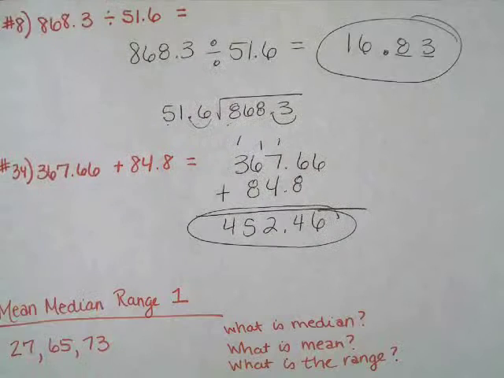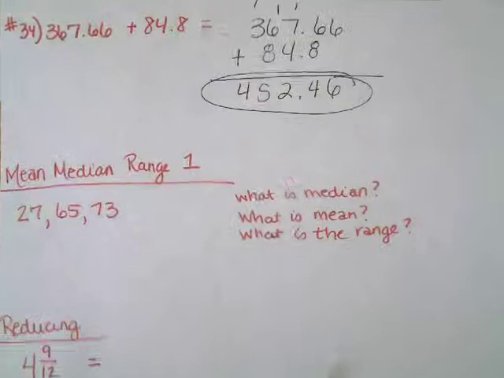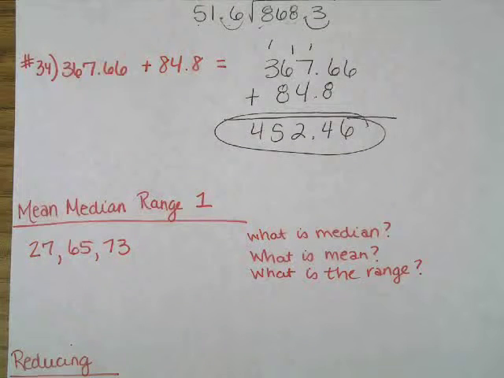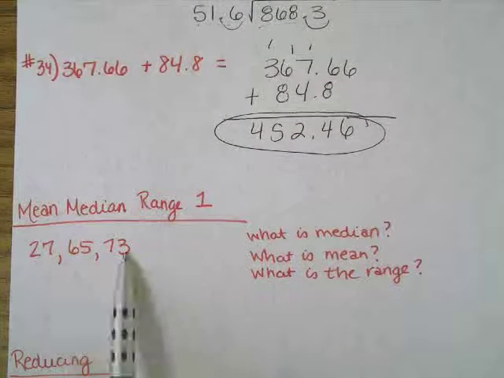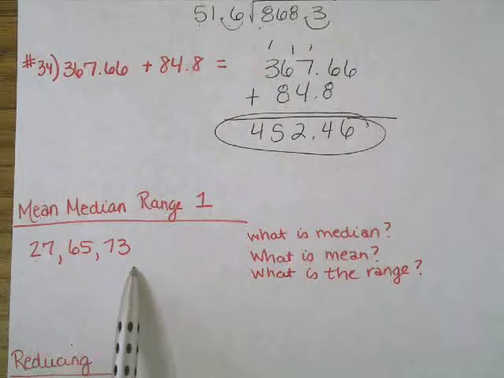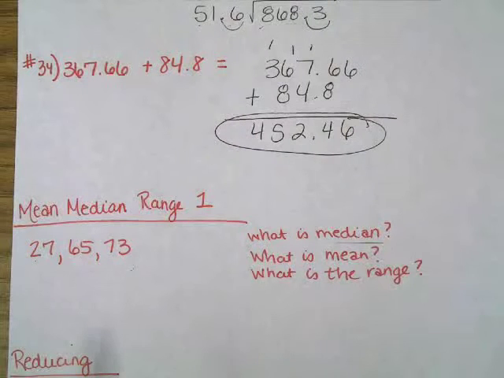All right, then we have mean, median, and range. Number 1, I think. And we're looking at these three numbers, 27, 65, and 73. They're in numerical order, so that's pretty easy. The first question is, what is its median? We have to know what median is.